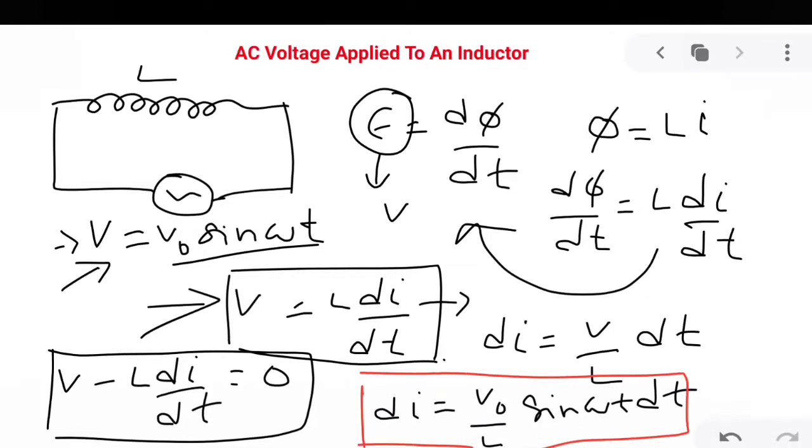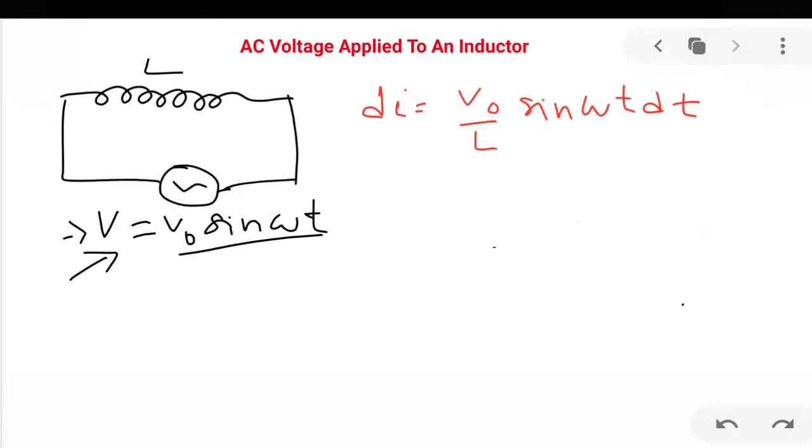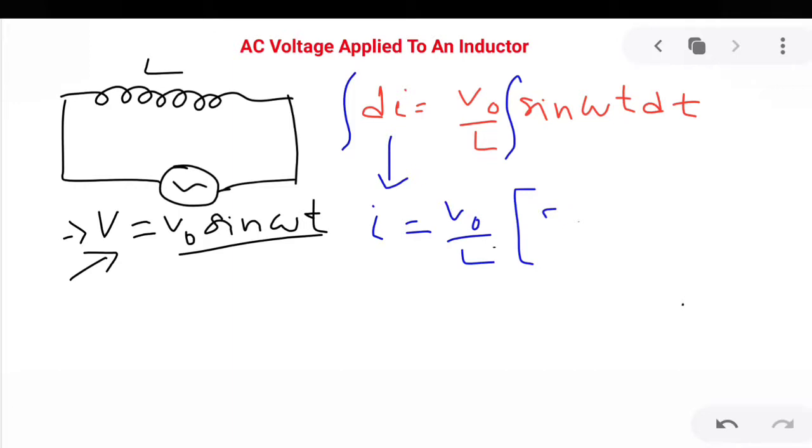Now if we simplify this equation, we can get the value of I. From di we have to get I, and how do we get that? Obviously by integrating. So on integrating, I is equal to V naught by L times the integral of sin omega t dt, which is minus cos omega t by omega.